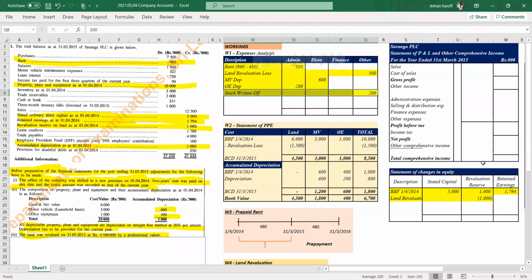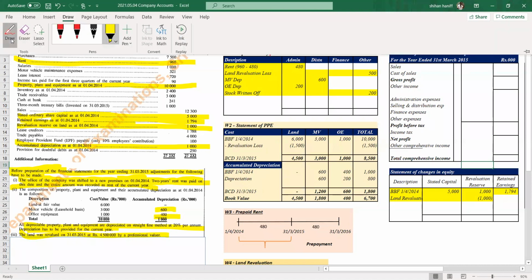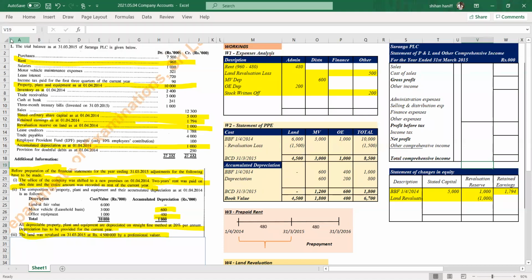And inventory, if you check the trial balance, they have given the inventory as 2,400. First of April 2014. That's the opening inventory.